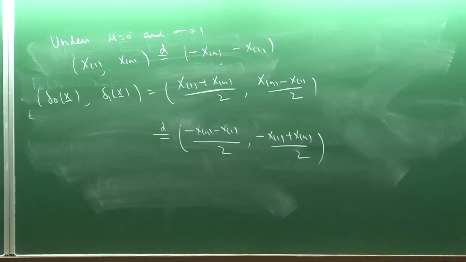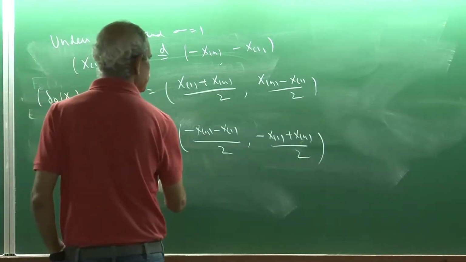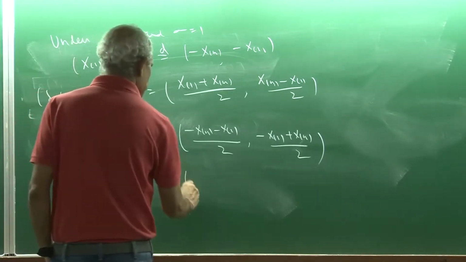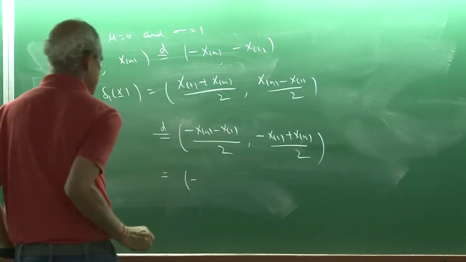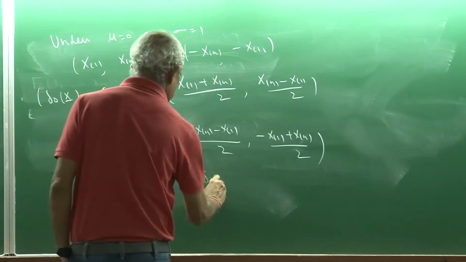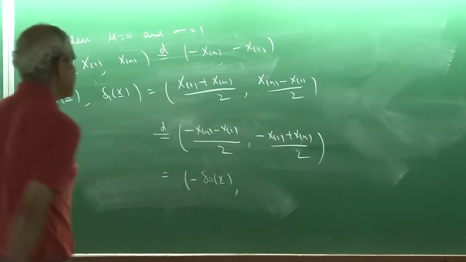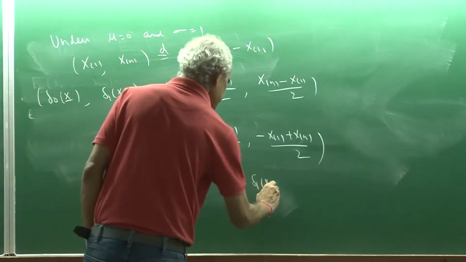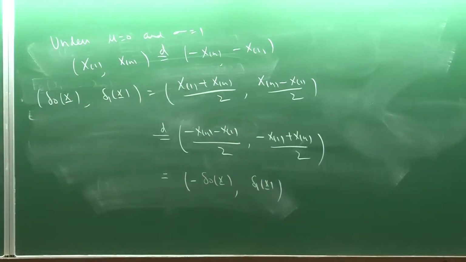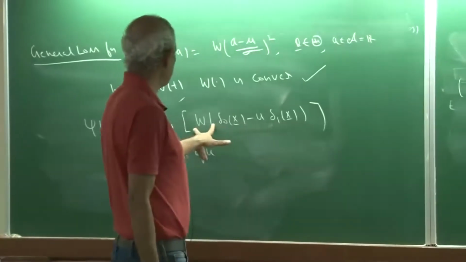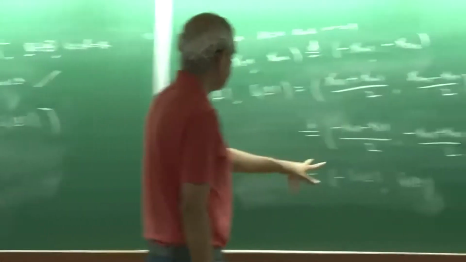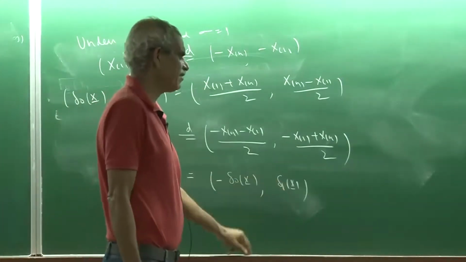So what does that become? That becomes minus of (x1 plus xn) by 2, so minus of delta naught x, and this is delta 1x itself. So what does that mean? In the expected value of W of delta naught x minus u times delta 1x, I can replace delta naught by minus delta naught and delta 1 by delta 1 itself.